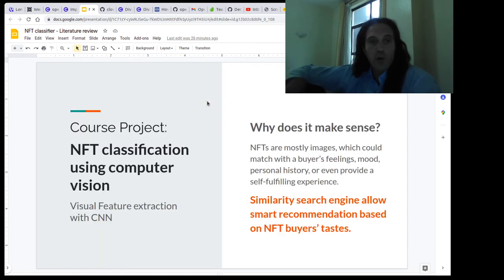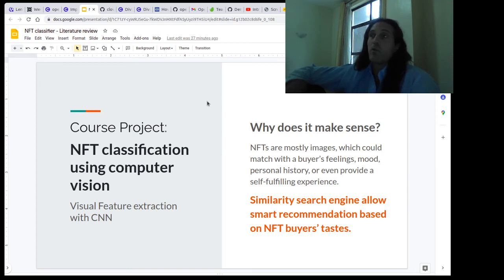A few words about the project. We intend to achieve NFT classification using computer vision, and it makes sense because most NFTs are images which could match with a buyer's feeling, mood, personal history, or even provide a self-fulfilling experience.